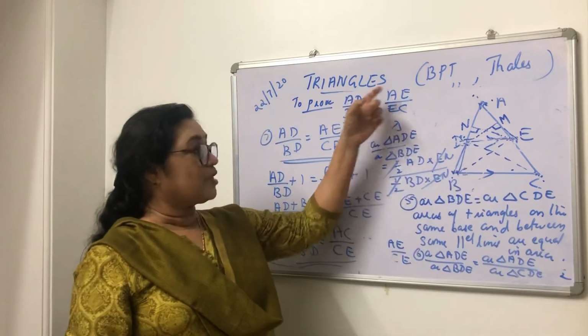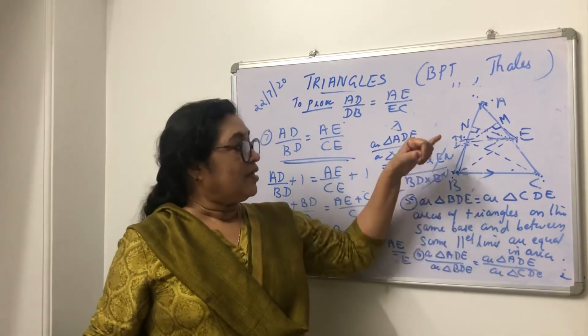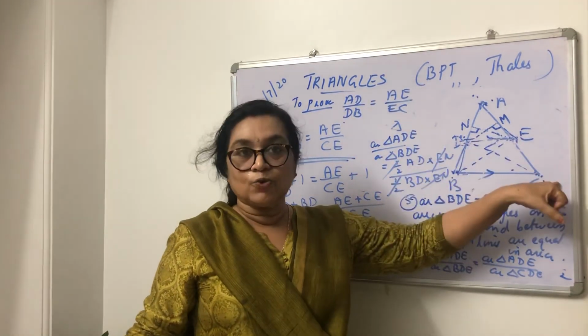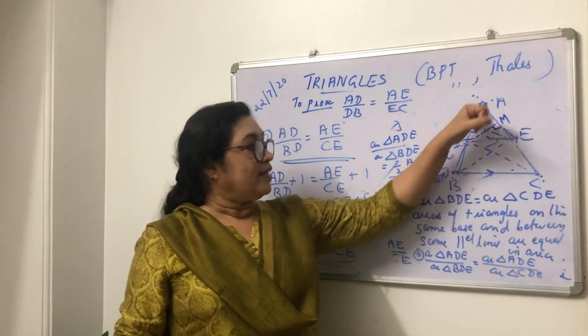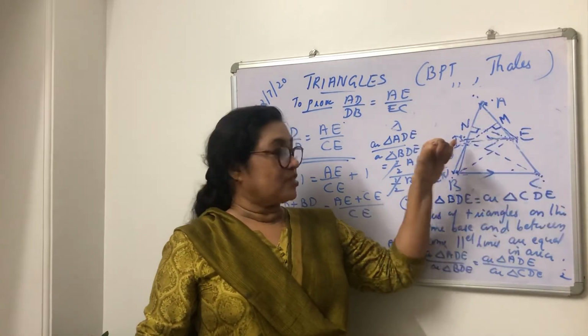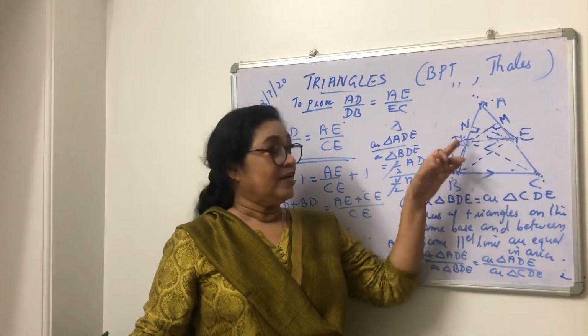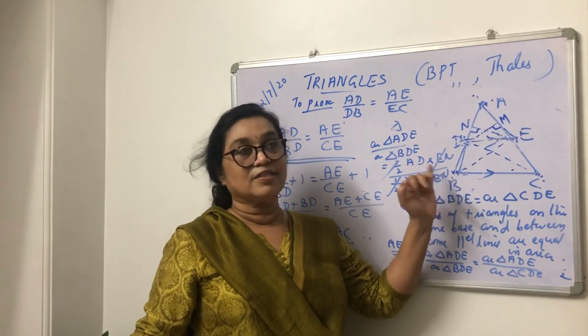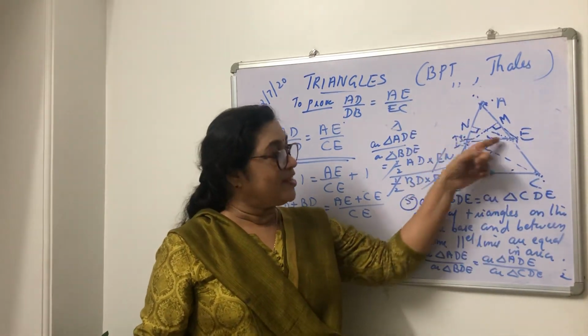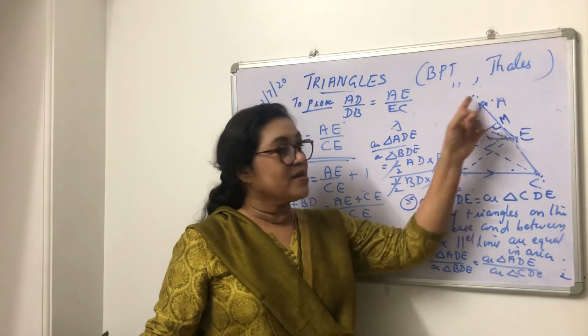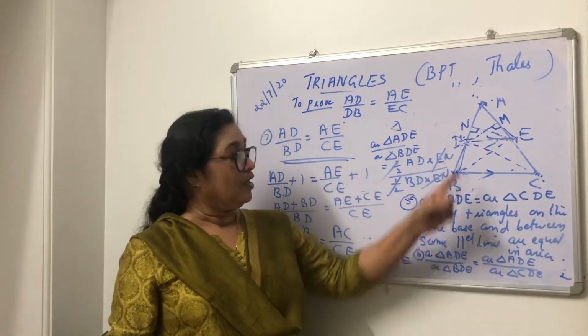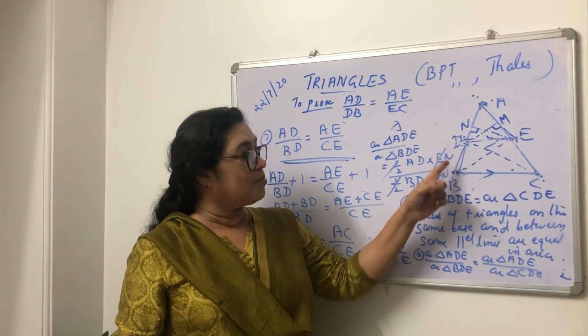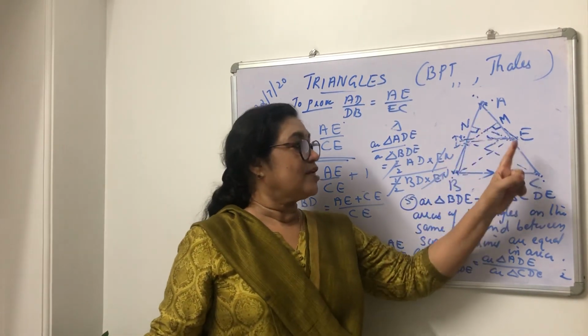This is basic proportionality theorem. A line drawn parallel to one side intersecting the other two sides in distinct points divides the two sides in the same ratio. So D is dividing AB and AC in the same ratio. That same ratio is AD by DB is equal to AE by EC.